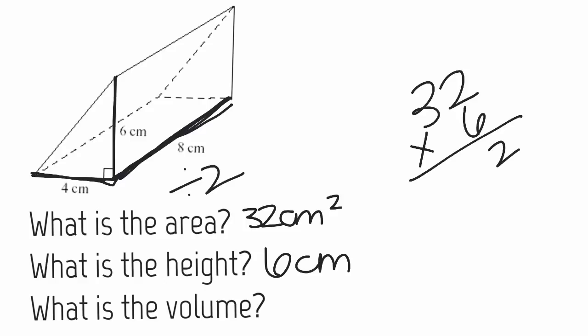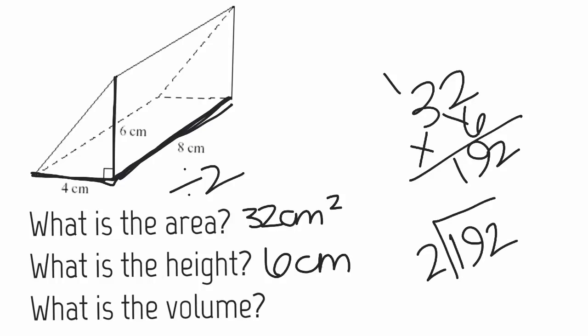6 times 2 is 12. 6 times 3 is 18, plus 1 is 19. But now it is a triangle, so I'm going to have to divide by 2. 2 cannot go into 1. 2 can go into 19. 8 times, which is 16. Oh, no, it can go 9 times. I made a little mistake there.